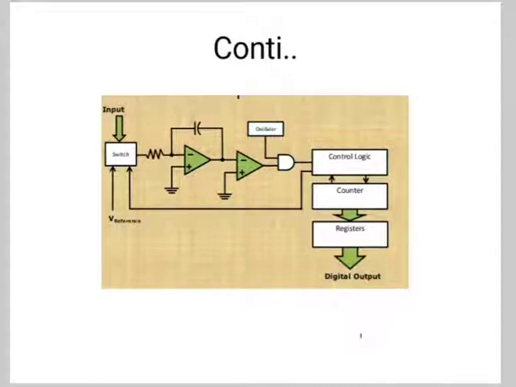The output of the integrator is reset to 0 volt and the input to the ramp generator is switched to the unknown analog input voltage VA. The analog input voltage VA is integrated by the inverting integrator and generates a negative ramp output. The output of the comparator is positive and the clock is passed through the AND gate. This results in counting up of the binary counter.